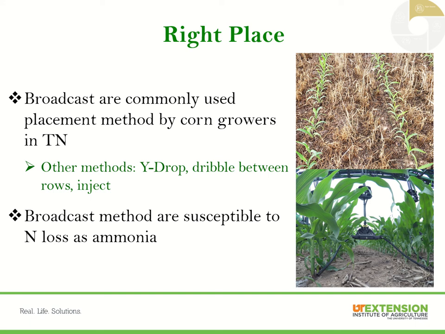The challenge, again, the drawback with the broadcast placement method is that if you surface apply and it's sitting out there without incorporation, it's susceptible to ammonia volatilization. Again, using a proven nitrogen stabilizer will minimize nitrogen loss as ammonia.